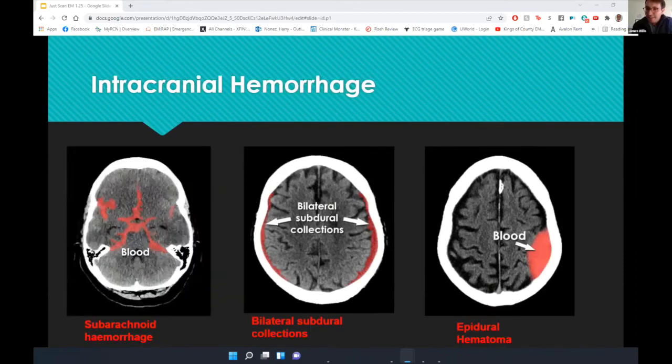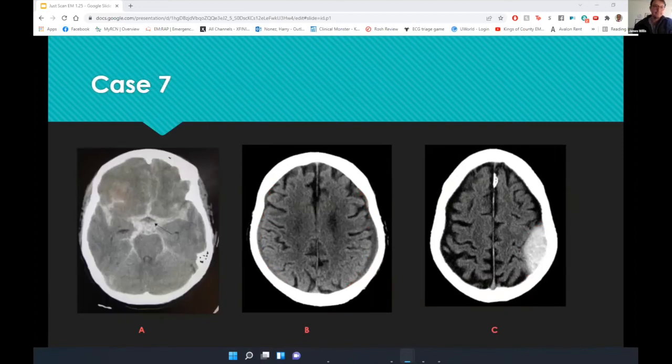How about Jeff Olson or Calvin or KJ? So A looks like subarachnoid, and C, Max already answered, is epidural hematoma, and B looks like chronic changes, maybe like on the left side, like an old ischemic infarct, maybe like encephalomalacia on the left side, kind of.